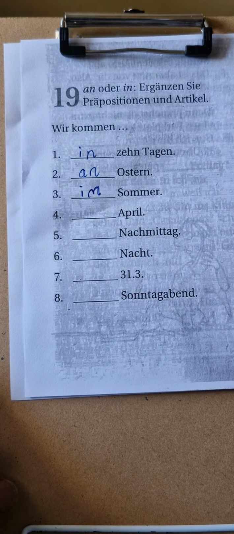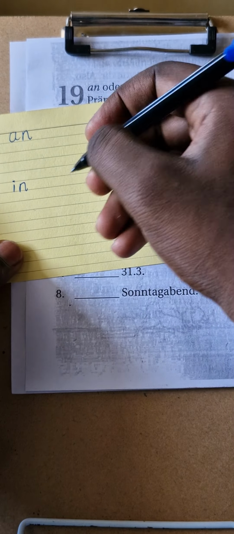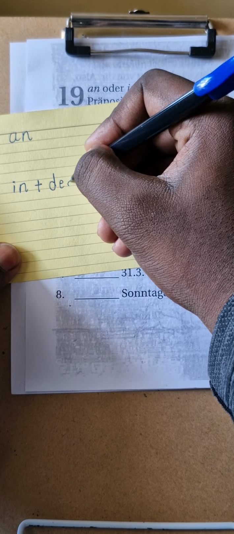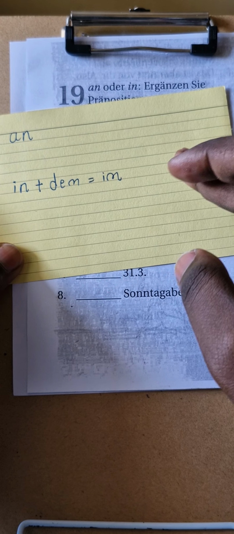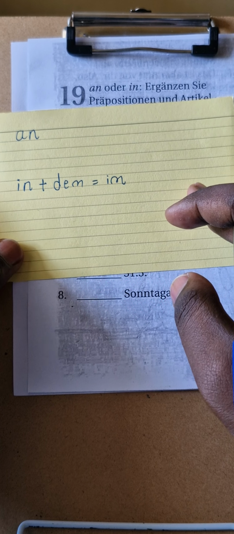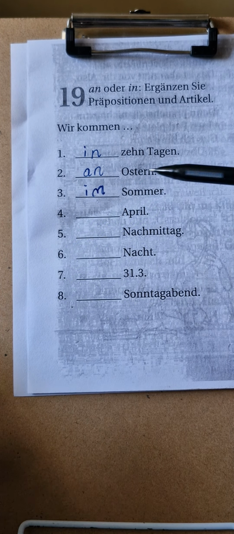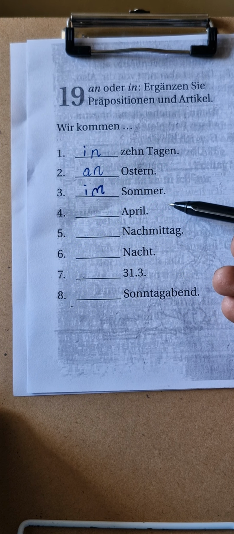This im is a combination of in and dem, which brings you im. So for all the 4 seasons, you will use im Sommer, im Winter, etc. So you'd say, wir kommen im Sommer.